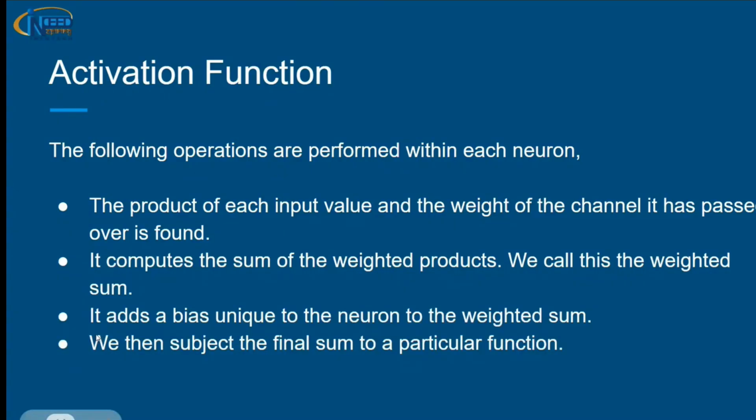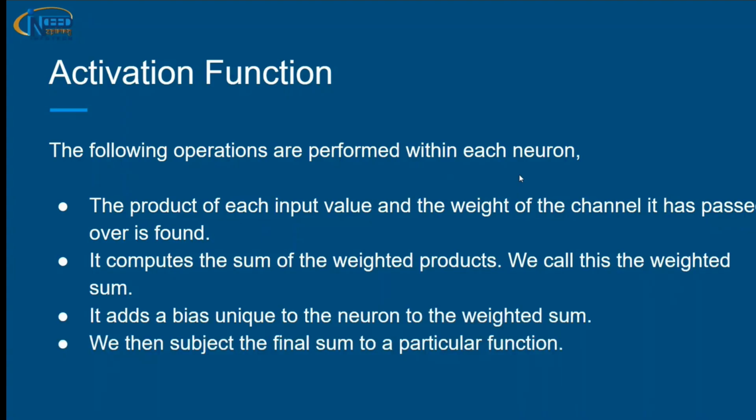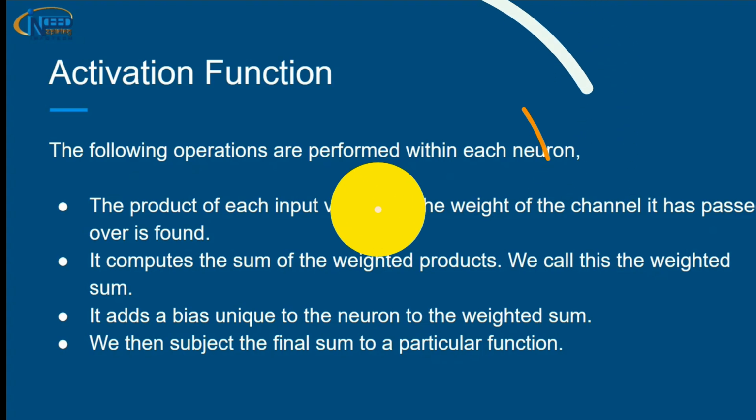Then it adds the bias unique to the neuron to the weighted sum. So bias is a single value as I have added over here. Then we subject the final sum to a particular function. We insert the final sum into that function.